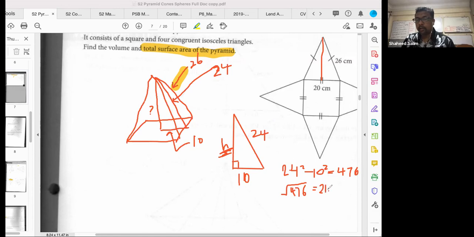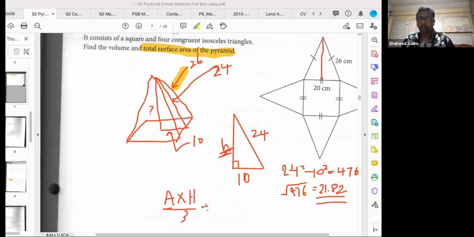Okay, I'm writing the height here. Check whether you have the same height. This is the height. Formula now. Volume is base area times height divided by 3.